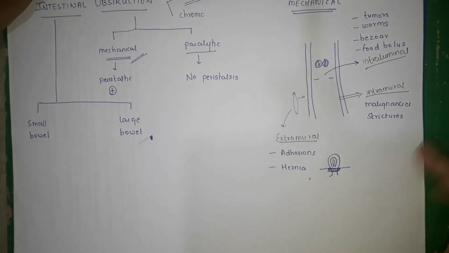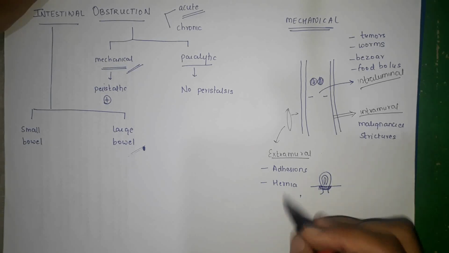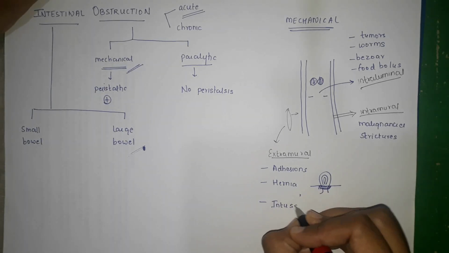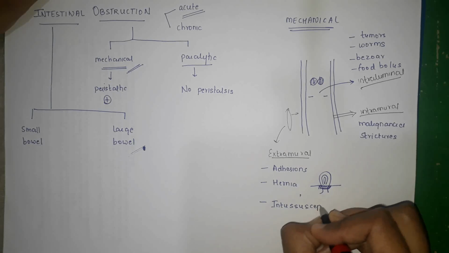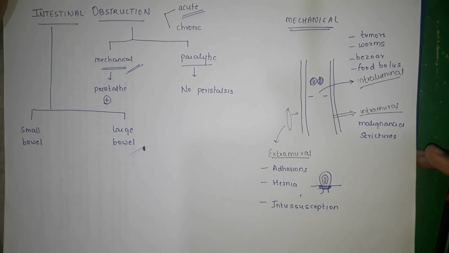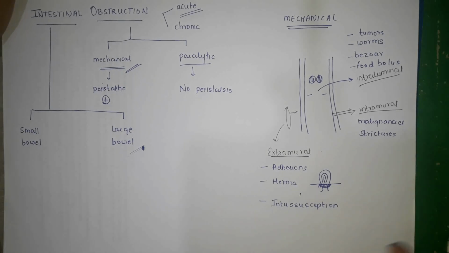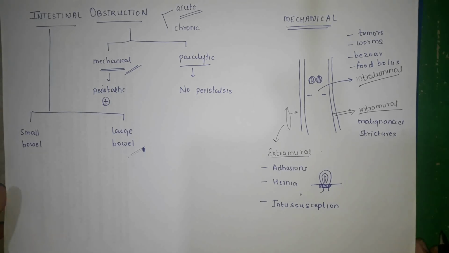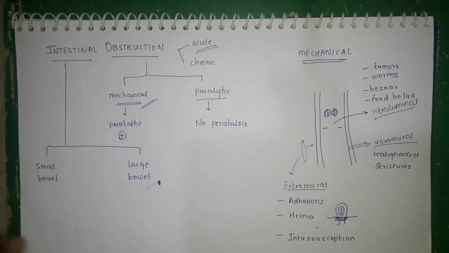So these are two common causes for extramural. Another very common cause in children is intussusception, which mainly occurs in children but can occur rarely in adults too. We'll focus on intussusception in the next video. So these are some of the common causes for mechanical acute intestinal obstruction.